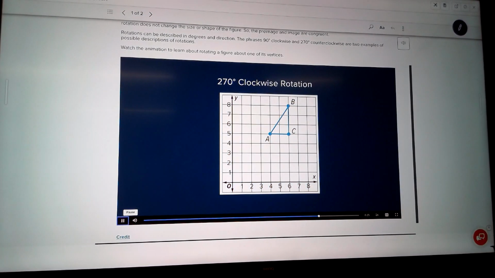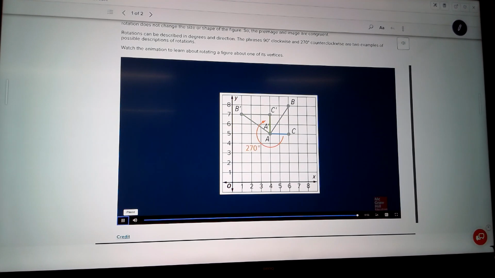Finally, let's look at an example of a 270-degree rotation. Rotate triangle ABC 270 degrees clockwise about vertex A. For each rotation about vertex A, A' will be in the same position as A. Point B is rotated 270 degrees, and point C is rotated 270 degrees.